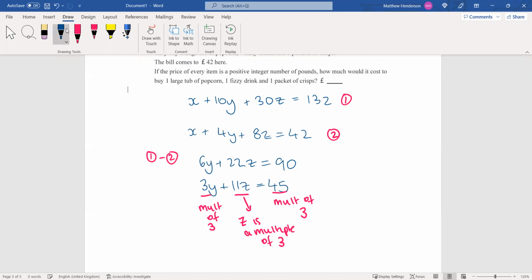So we can start off by enumerating and going through some values. However, we don't need to bother with Z is equal to 1 or Z is equal to 2, and we can skip to Z is equal to 3. So using our substitution here, we get 3Y plus 11Z is equal to 45. And then we can see that 11Z is going to be equal to 33.